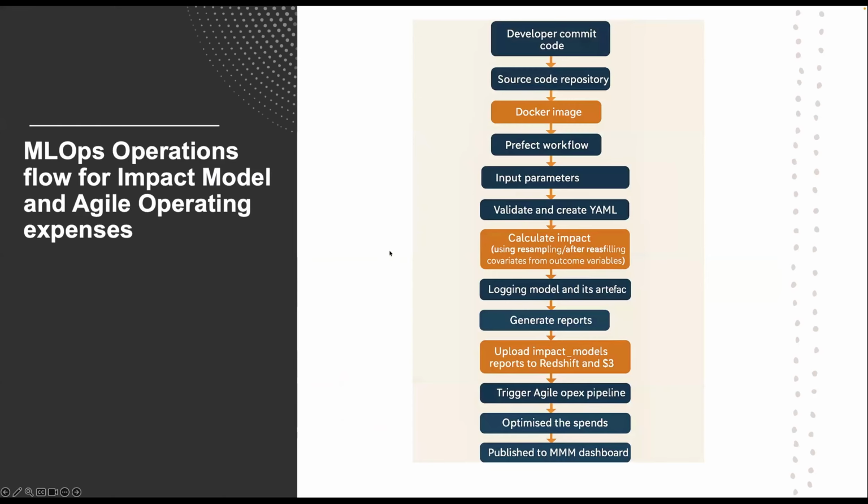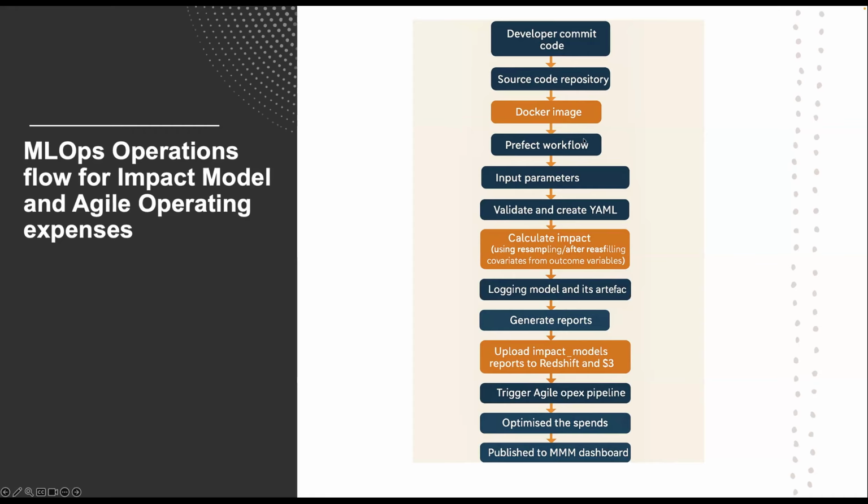Moving forward, for the MLOps operations flow for impact model and agile OpEx, operating expenses, the major key areas are: code to container. Developers commit the code to a source repository, which is a GitHub repository. Then this is containerized into a Docker image. After that, the workflow orchestration.